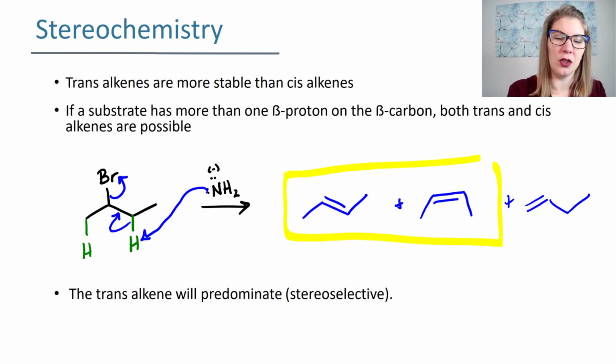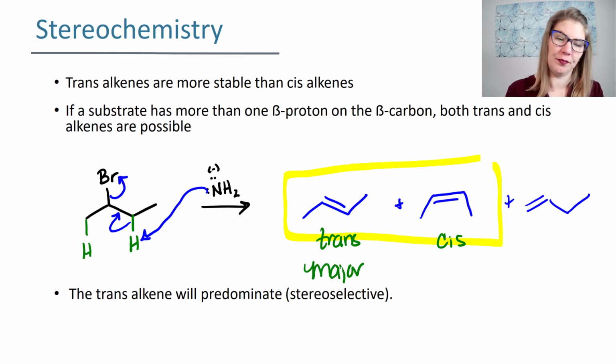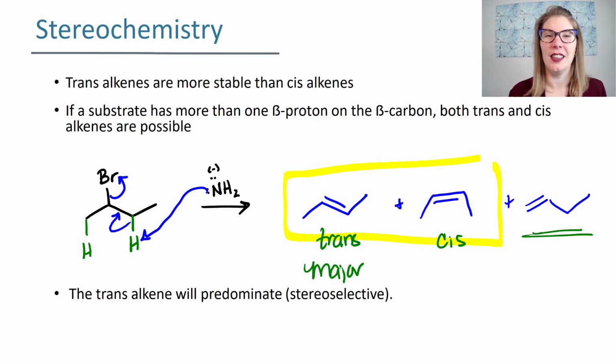This one is trans, and this one is cis. You're going to end up with both isomers, where the trans alkene is going to be your major product. Then your cis alkene is going to be a minor product. And the final one, the regiochemistry one over here, is going to be minor as well.